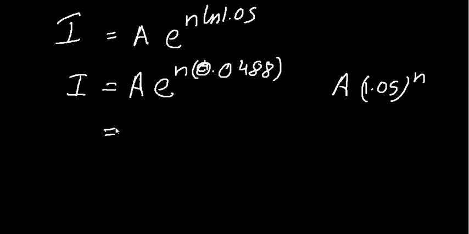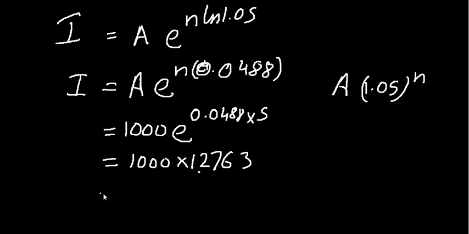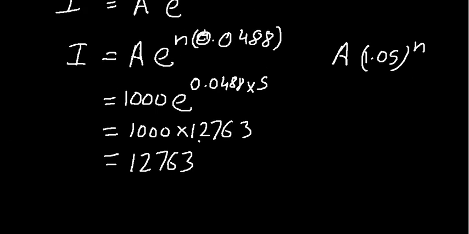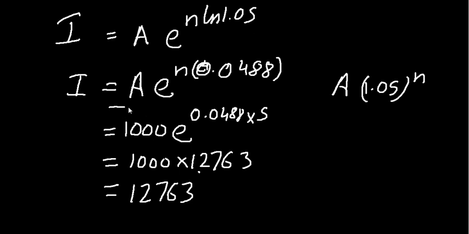So that's 1,000 times e to the power of 0.0488 times 5. Let's see what we get. The answer is in fact exactly the same, even though I've changed the formula so that it has an e in it.